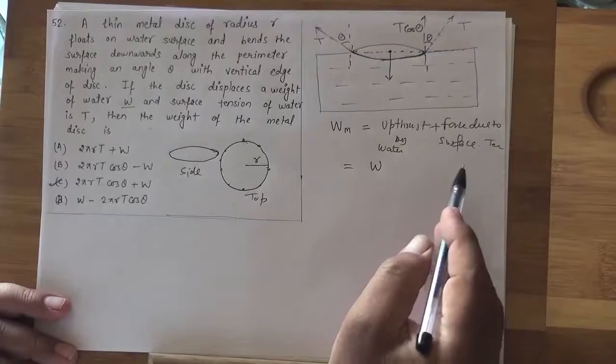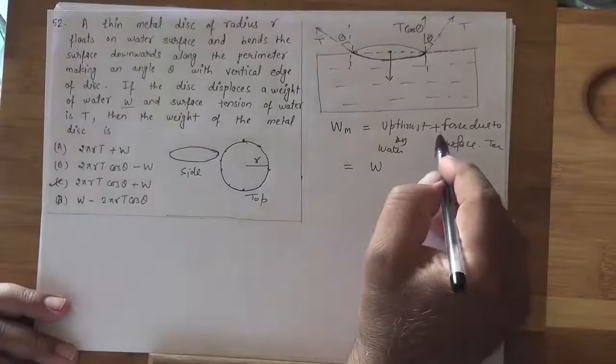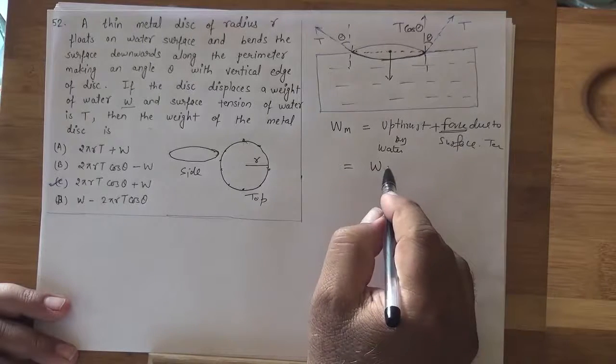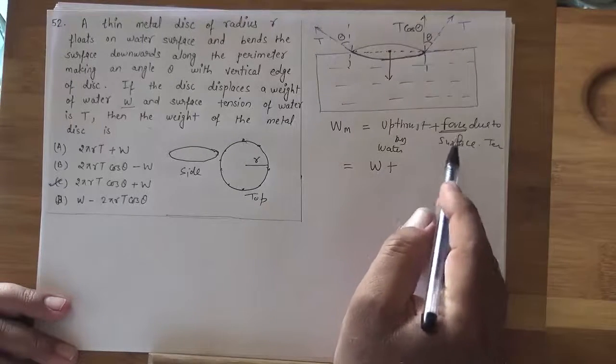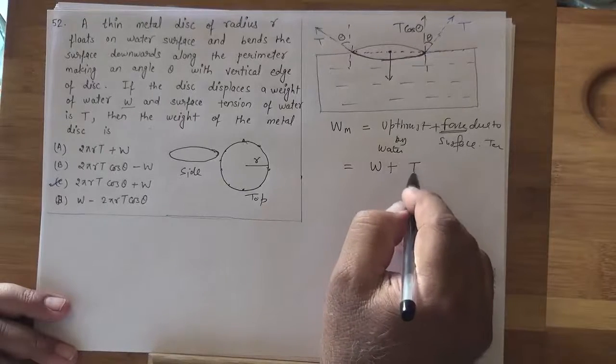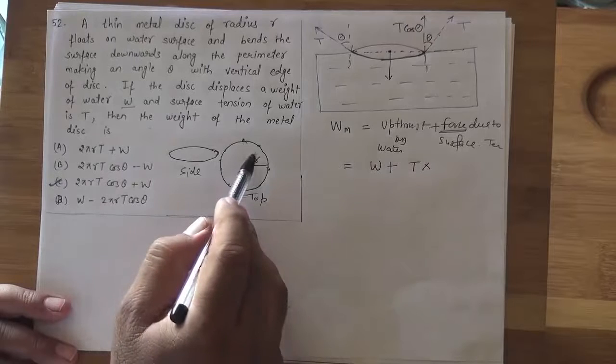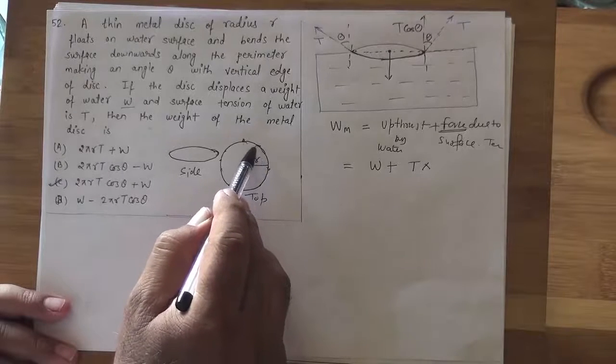Now the force due to surface tension. What is the relation of force with surface tension T? We know it is equal to surface tension multiplied by total length. Which length? Where it is applied.